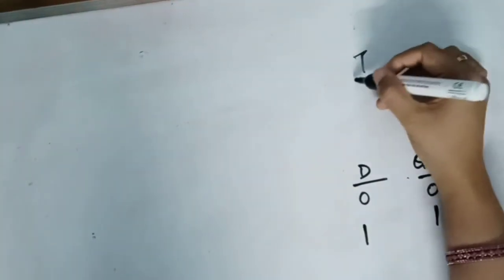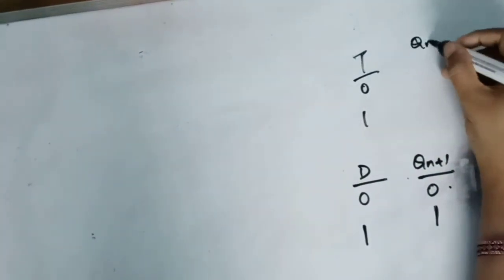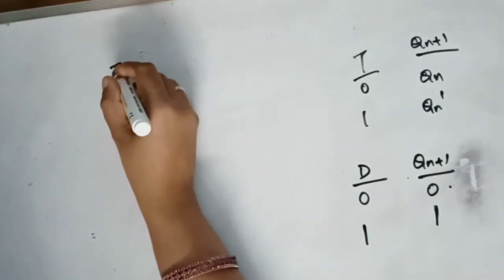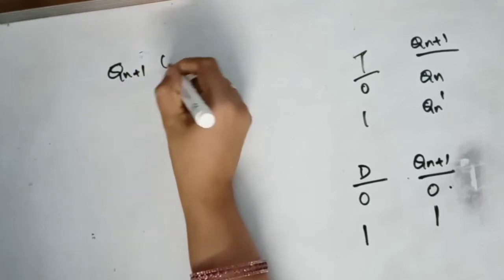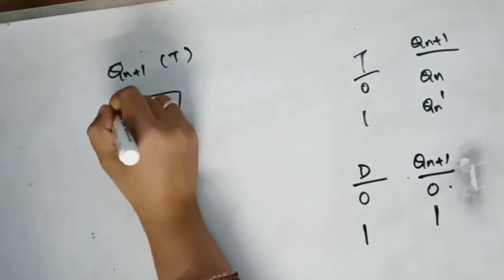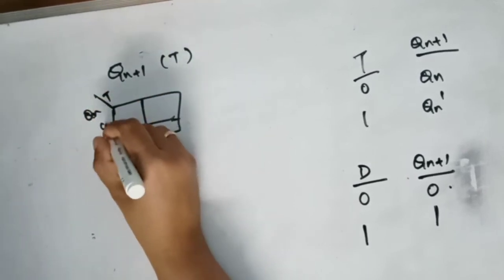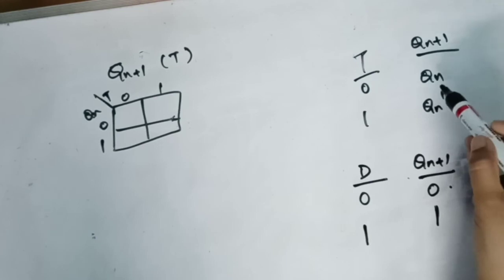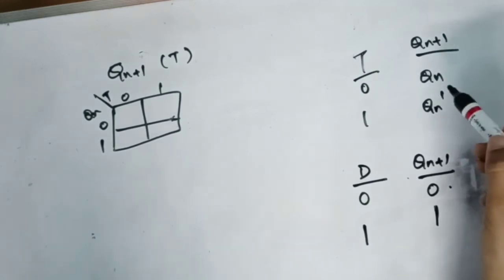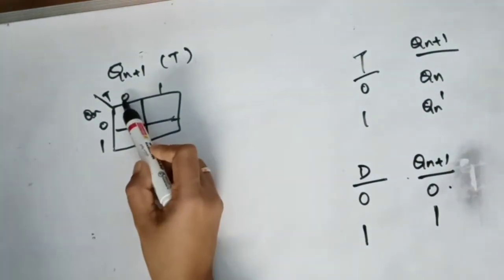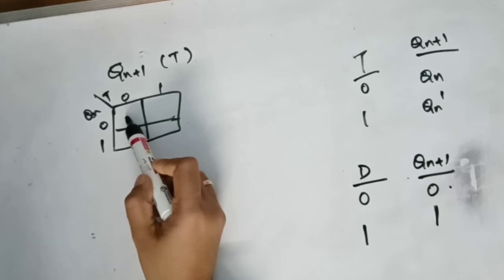For the T flip-flop, T is 0 or 1, and Qn plus 1 is Qn or Qn bar. So in the T flip-flop, Qn plus 1 depends on Qn and T. When T equal to 0 and Qn equal to 0, Qn plus 1 is 0.